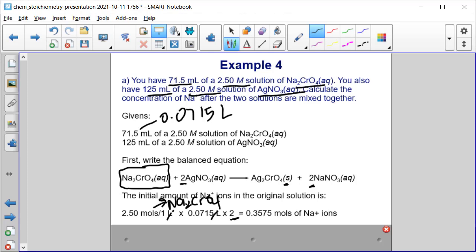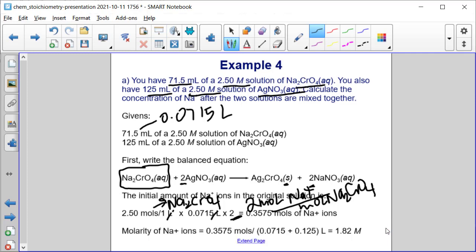Why am I multiplying by 2 here? Because if you look at this formula, there's 2 moles of Na+ ions per mole of Na2CrO4. So we multiply by 2, and that gives us 0.3575 moles of Na+ ions, okay?